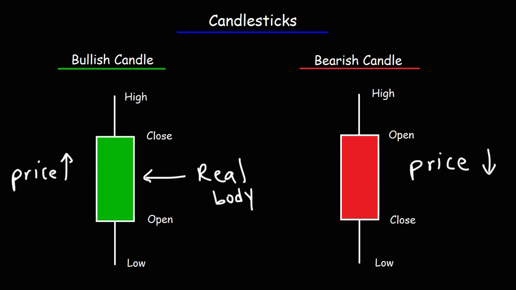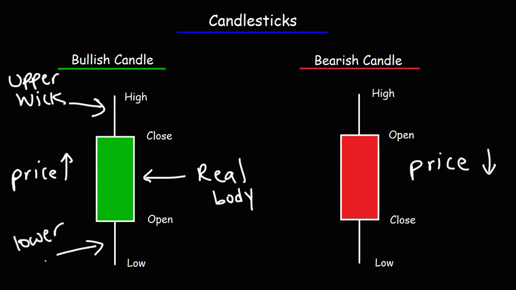The size of the real body can help you to determine if momentum is increasing or decreasing, which we'll talk about later in this video. This is the upper wick, also known as the upper shadow, and the bottom part is known as the lower wick.